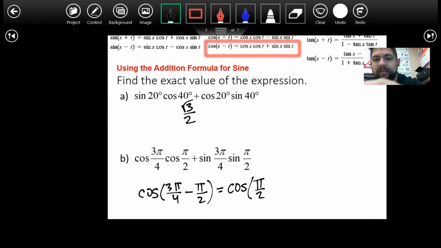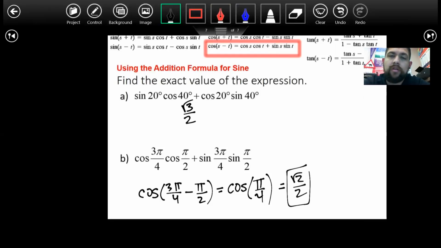Or no, cosine of pi over 4, sorry. Take a half away from 3 over 4. And then simplifying, cosine of pi over 4 is going to be rad 2 over 2. These are fairly straightforward. So those are going to be your type of problems. Practice those, go back and copy them down. Email me if you have any questions on those ones.